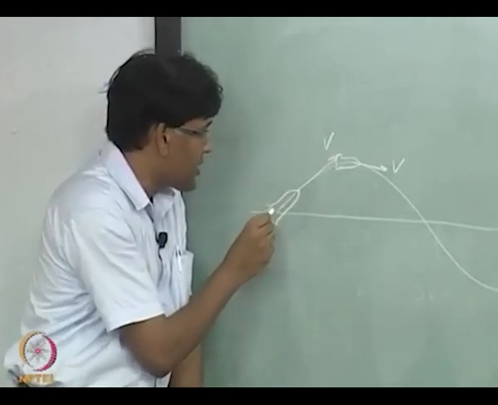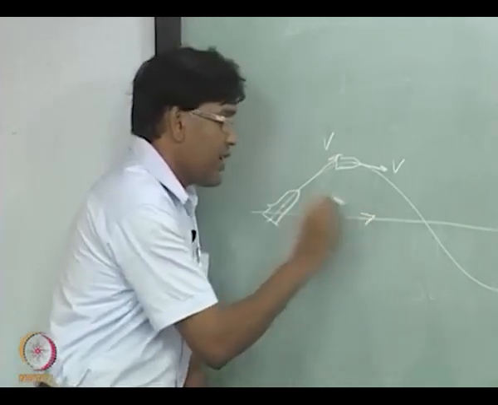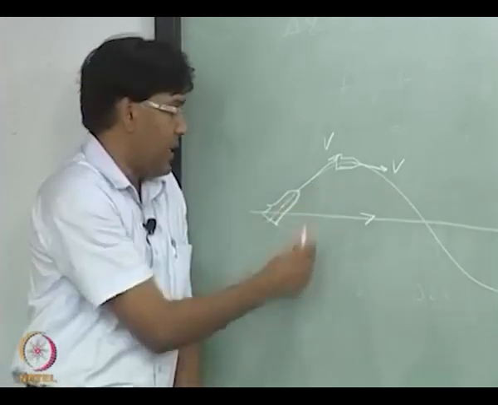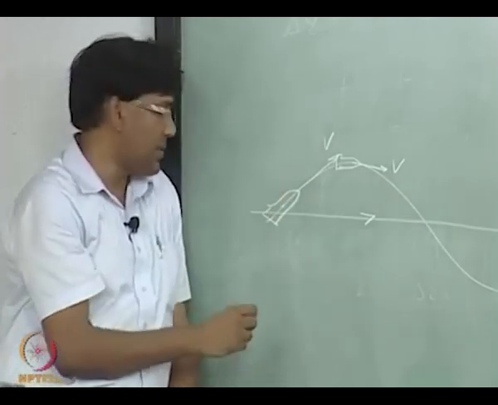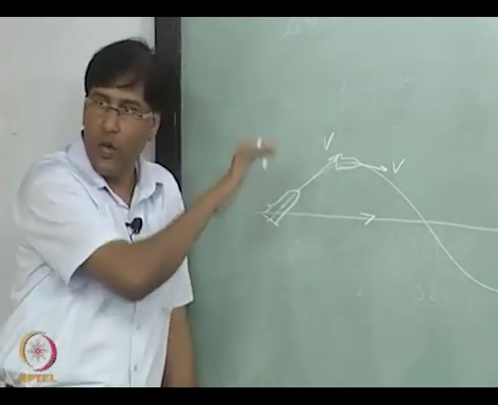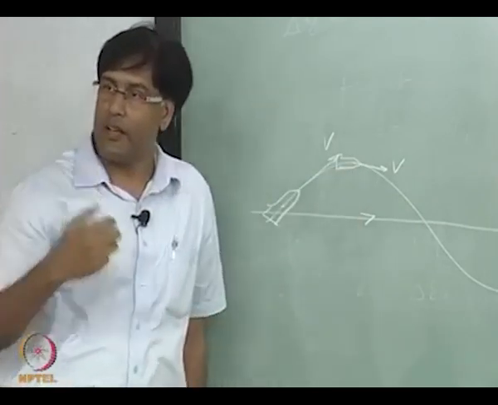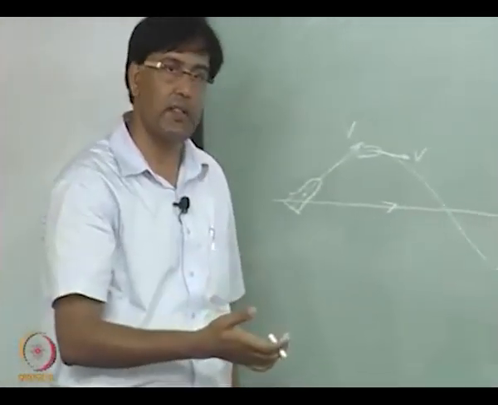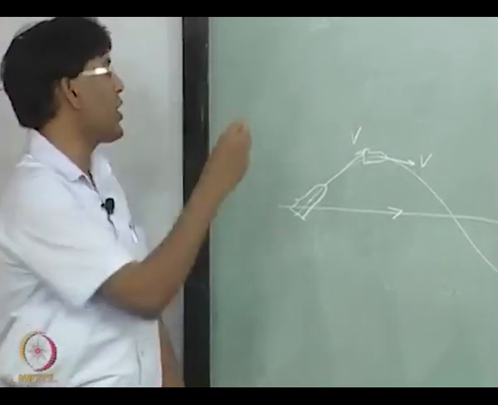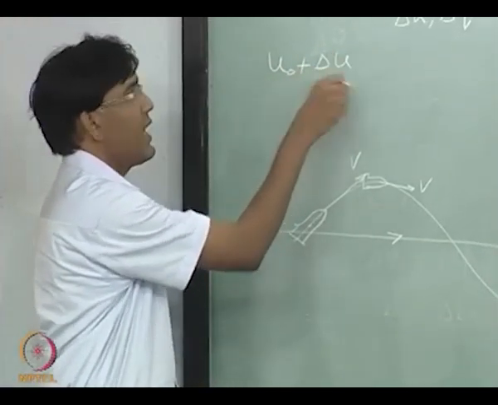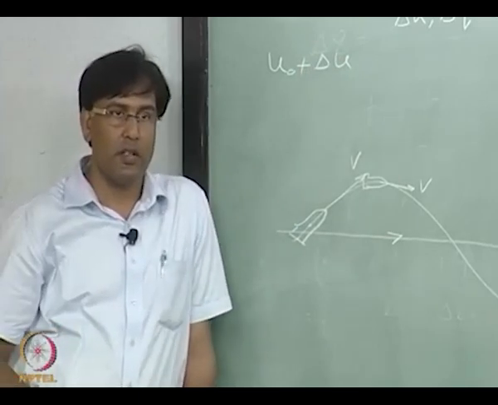In this mode, when the aircraft is perturbed from this flying condition, you are going straight and then you are hit by some disturbance, the aircraft starts going up because of added kinetic energy. Because of the perturbation there is an increase in speed of the aircraft, so u naught is now increased by delta u, right.